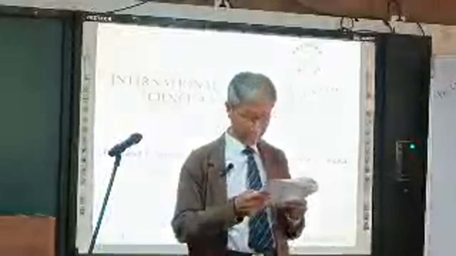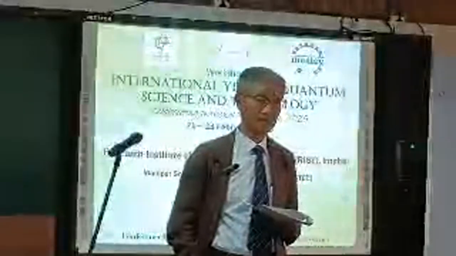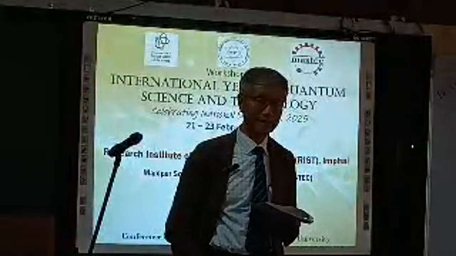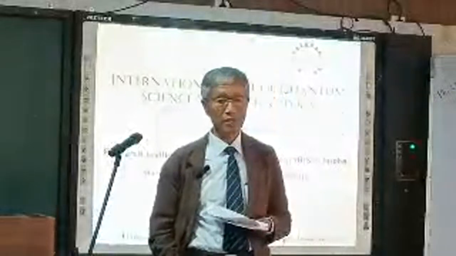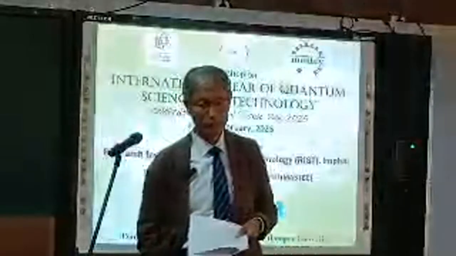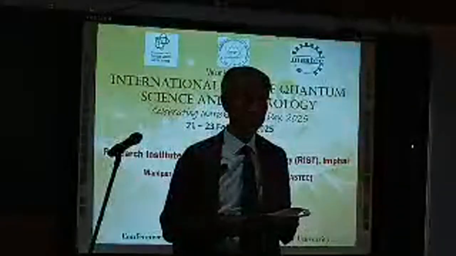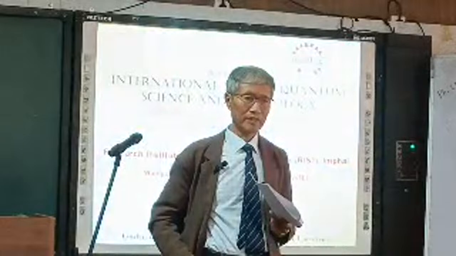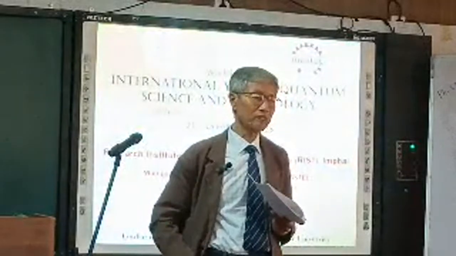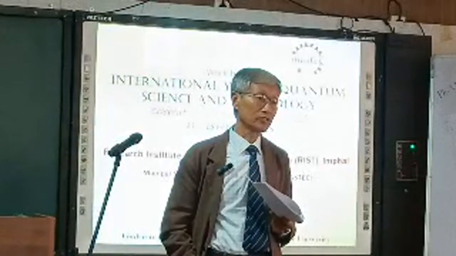But in 1932, John von Neumann proved that a hidden variable interpretation of quantum mechanics is impossible. Mathematically, he proved that such a theory is impossible. And von Neumann was a great mathematician and very, very well respected. So many physicists at that time took his words to be true.